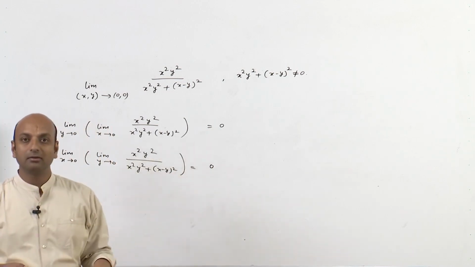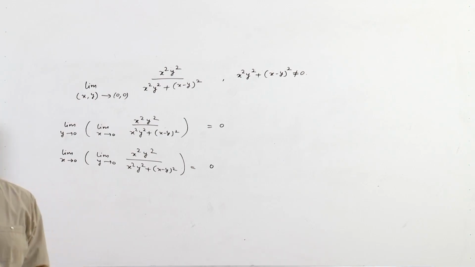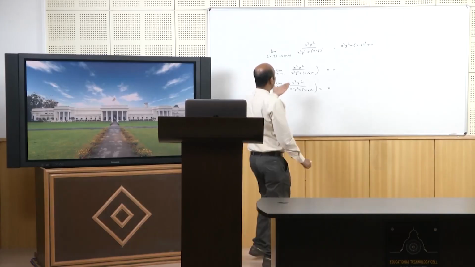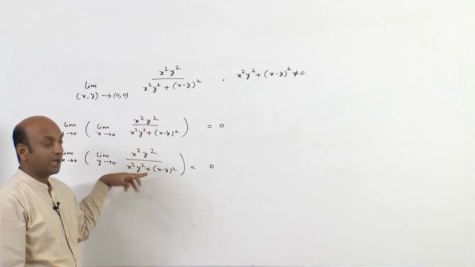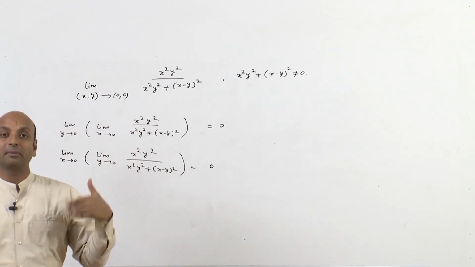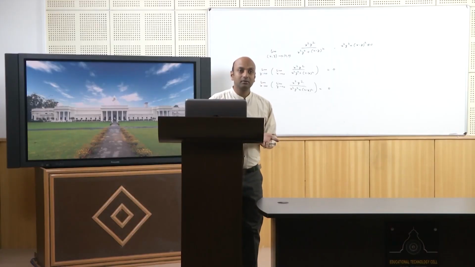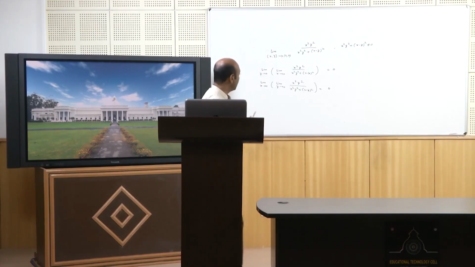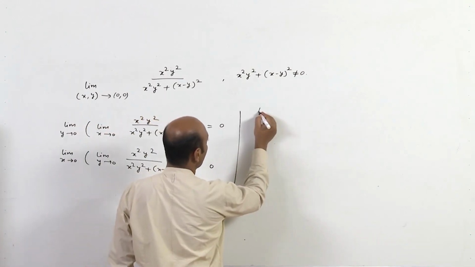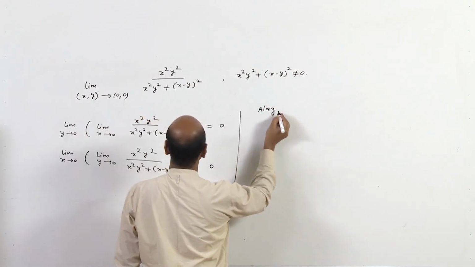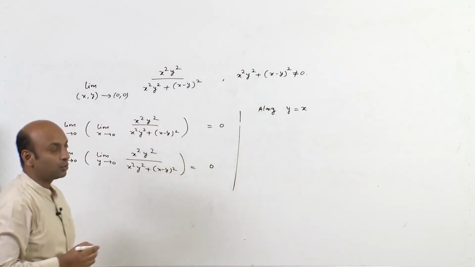What can we say about the double limit? From here we can say that the double limit may or may not exist, because these are only two paths. It may be possible that from some other path your double limit comes out different from this value. Say you take a path y equal to x.